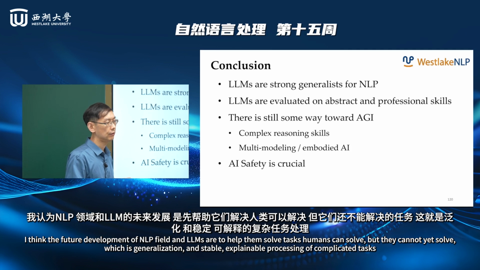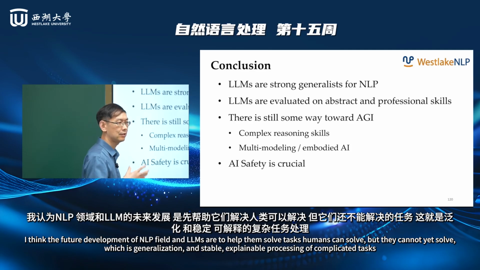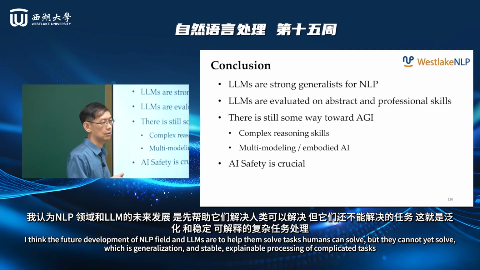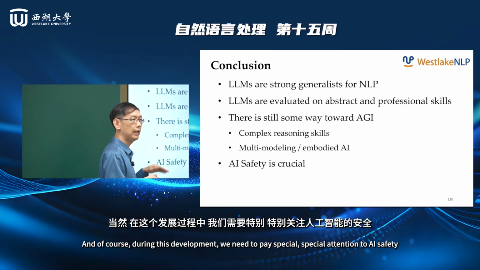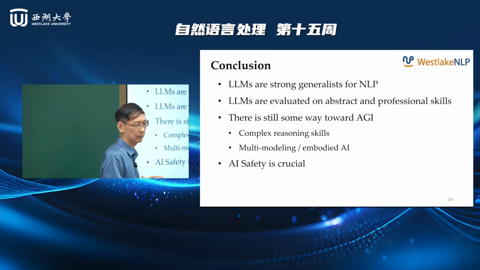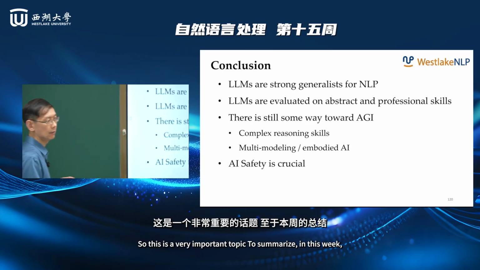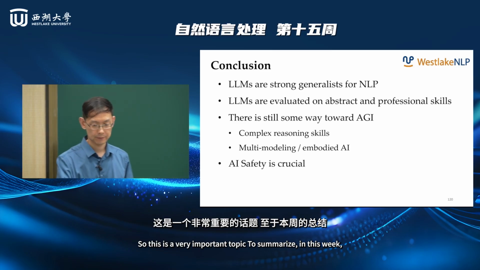I think the future development of the NLP field and LLMs is to help them solve tasks humans can solve but they cannot yet solve, which is generalization and stable, explainable processing of complicated tasks. And of course, during this development, we need to pay special attention to AI safety. So this is a very important topic.